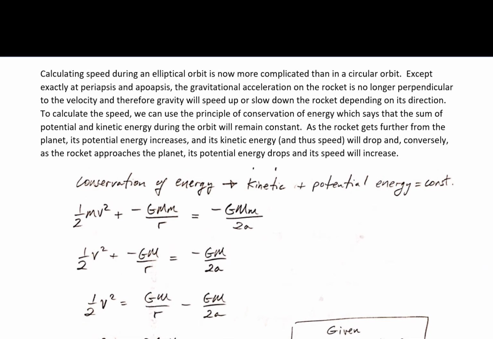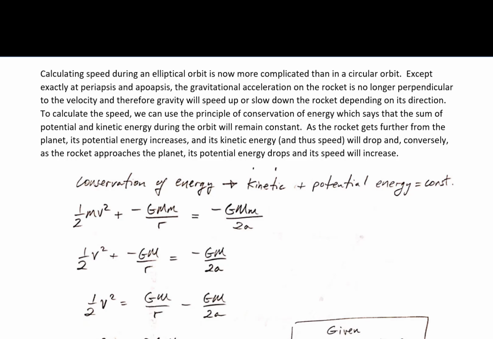Calculating speed during an elliptical orbit is now more complicated than it was for the circular orbit. Except exactly at periapsis and apoapsis, the gravitational acceleration on the rocket is no longer perpendicular to the velocity, and therefore gravity will speed up or slow down the rocket depending on its direction.